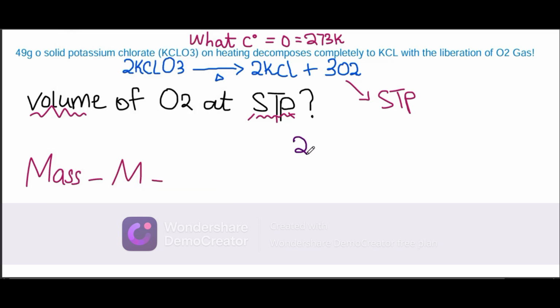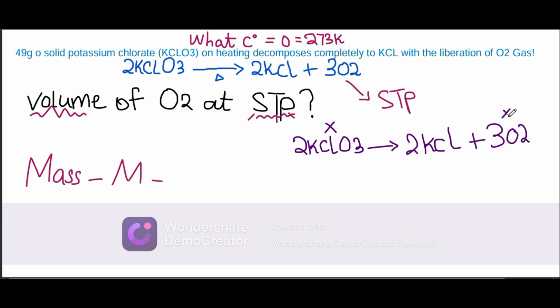Now I will rewrite my question here: 2 KClO3 gives 2 KCl, where the exponent of KCl is 2, and if I add 3 O2, that is 3 moles of oxygen, which is proportional to this. I'm just marking it up. I just rewrote this for better understanding.